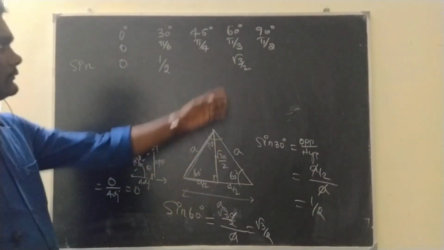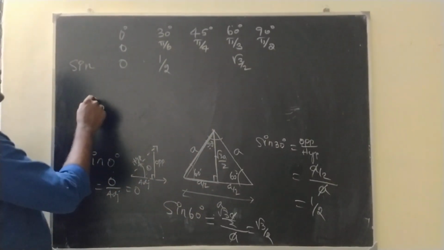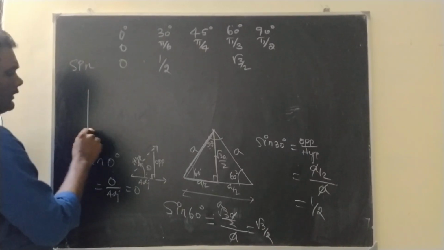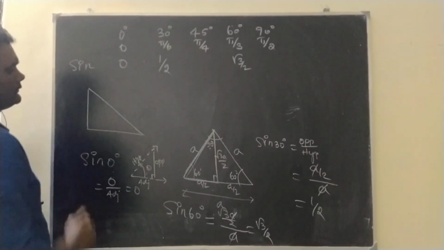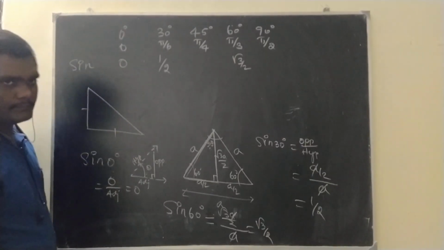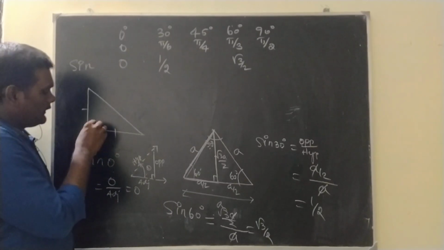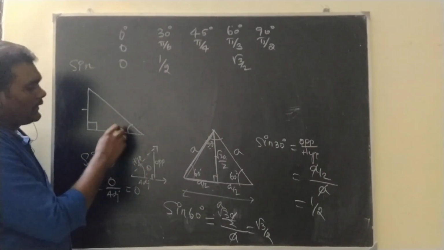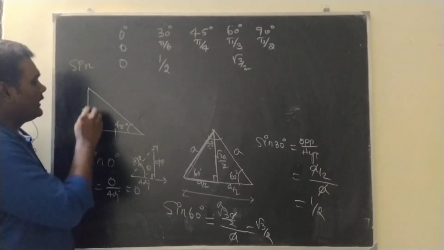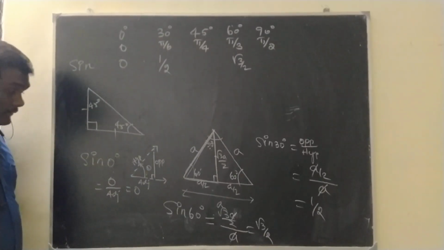Next, this 45 degree. Take one right angle triangle, an isosceles right angle triangle. Why an isosceles right angle triangle? This is 90 degree. Since this is isosceles, we have 45 degree here and 45 degree here.